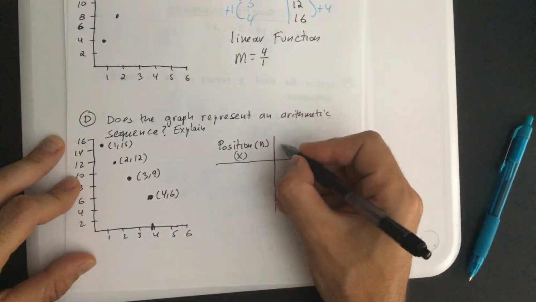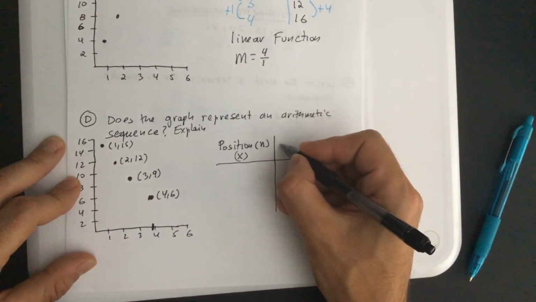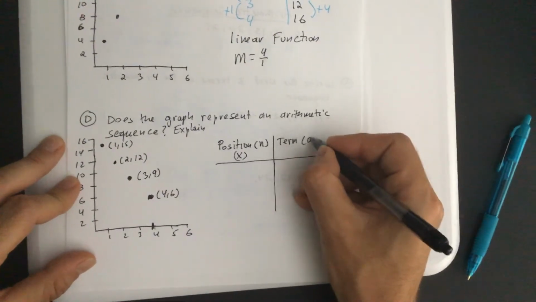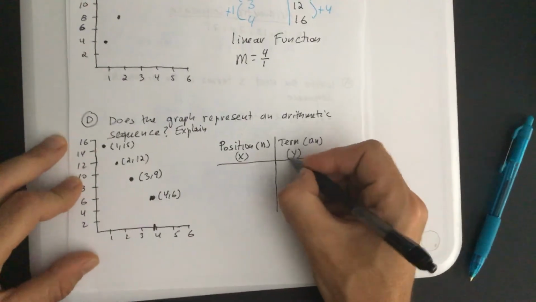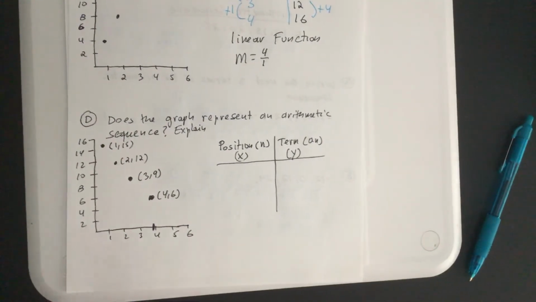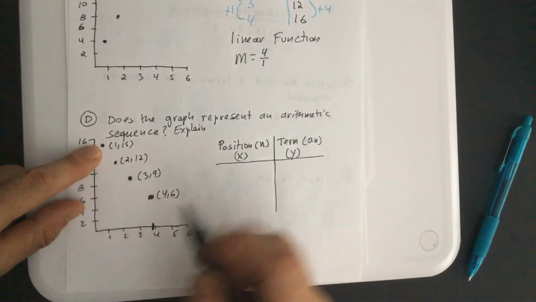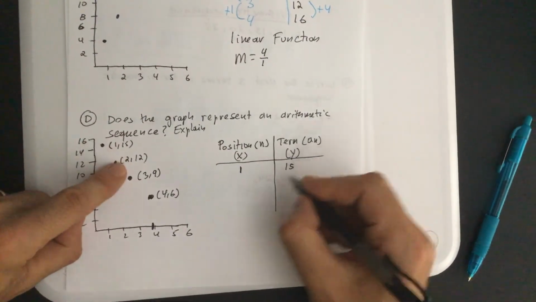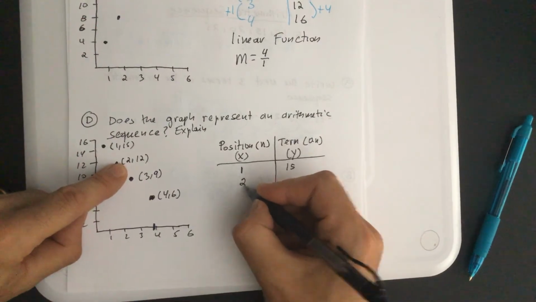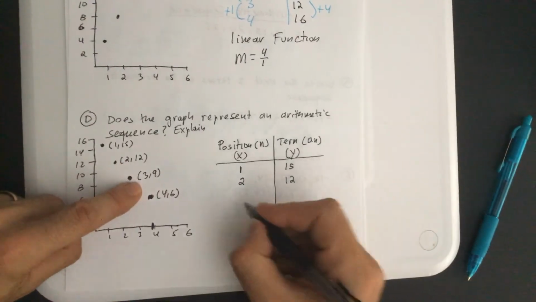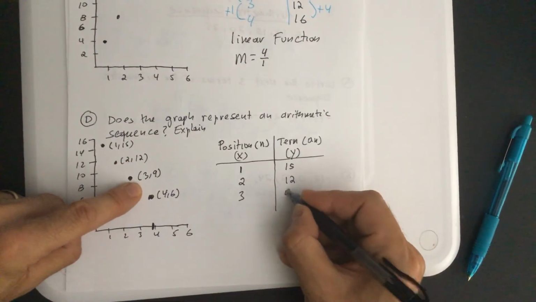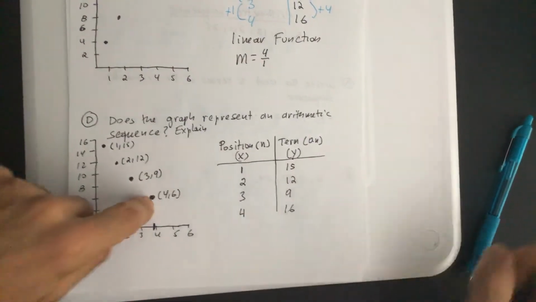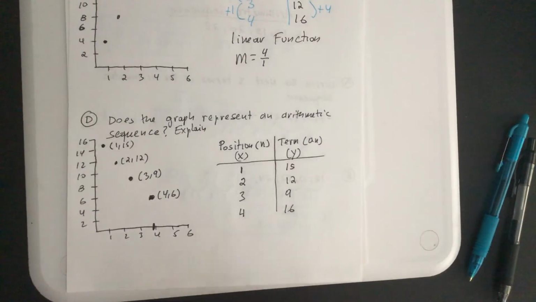And then the terms, which is a of n, and that will be your y's. All right, so we got 1, 15, 2, 12, 3, 9, 4, 6. Now we're going to see if they have a common difference.